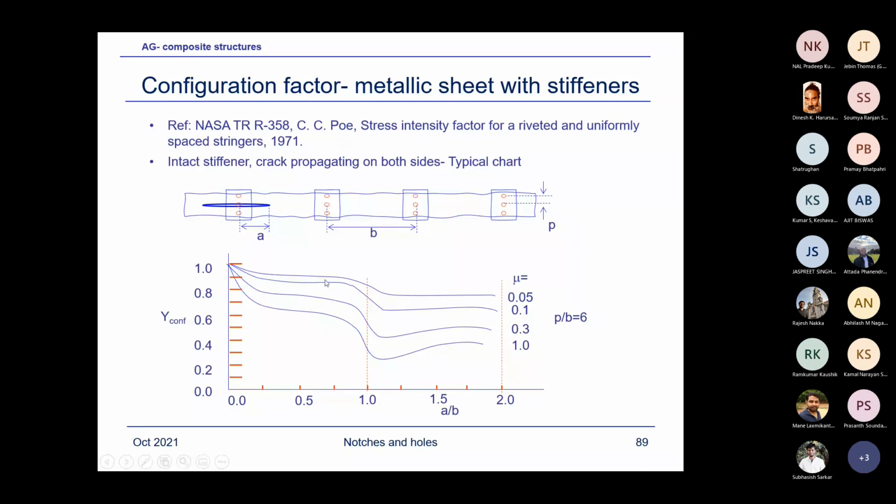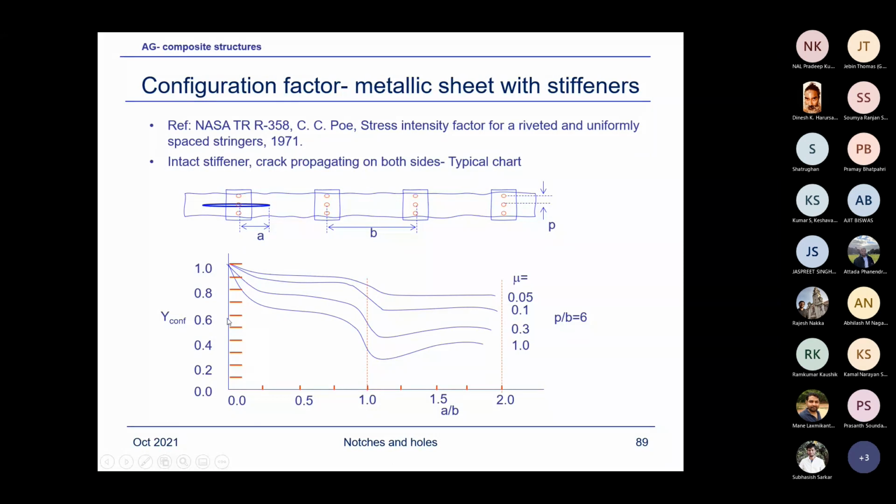depends upon the stiffening factor, because if the stiffening factor is very low, that means the configuration factors are pretty high, because mu equal to 0.05 means the stiffener is not very stiff. But as you reach higher values, the configuration factors keep on dropping.